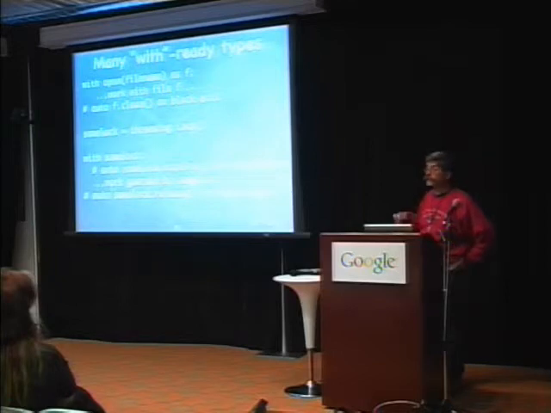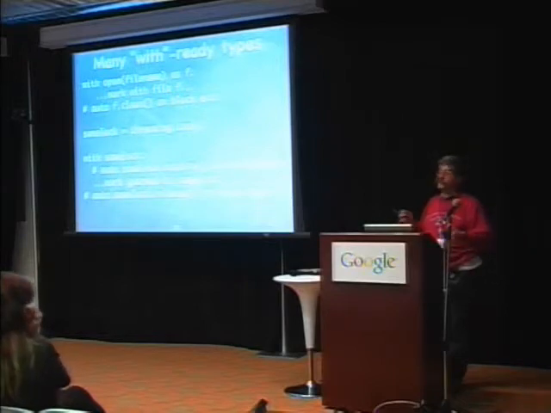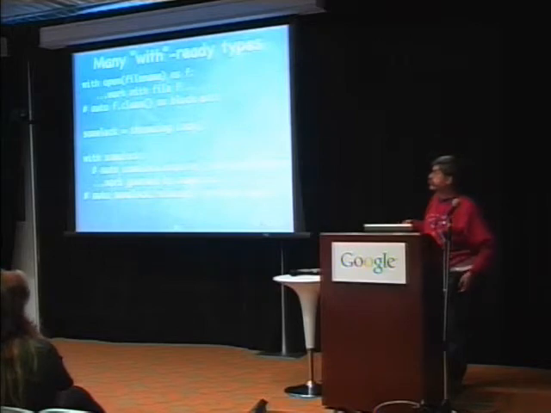Now you just do with SUMLOCK, all the code you want to execute as a critical section protected by that lock. The with itself makes sure, we'll see how, that the acquire method gets called on entry, and the finalization of the resource is the release method. At block exit, no matter whether it's a normal exit or an exceptional one, you release it.